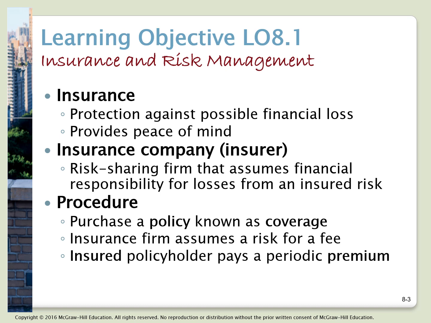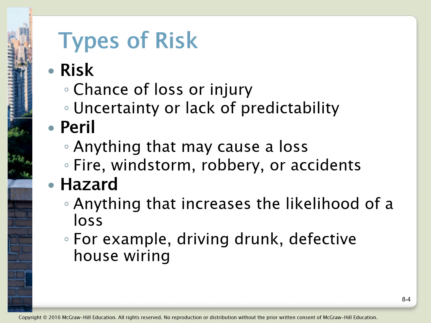So you pay premiums, and they collect the premiums, and when there is a problem, they would be paying out, presumably, to make you whole once again, assuming that the coverage you have covers the incident, the occurrence. Anyway, types of risks would include chance of loss or injury, uncertainty or lack of predictability.